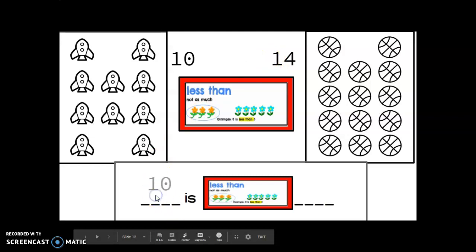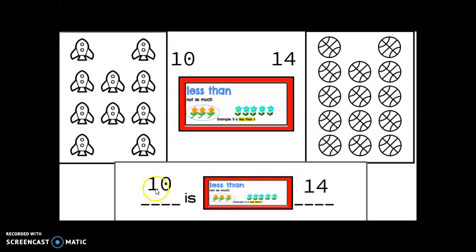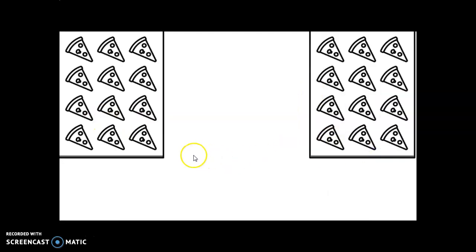So it would be 10 is less than 14. Okay, can you say that? 10 is less than 14. Why is 10 less than 14? Yes, because 10 is not more than 14, or 10 is not as much as 14. Good job.